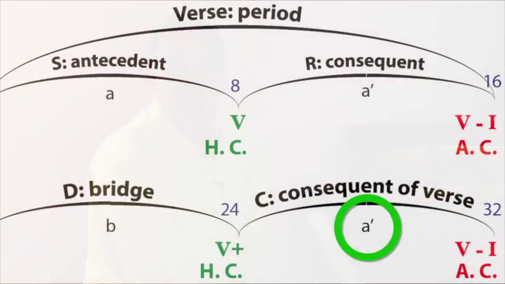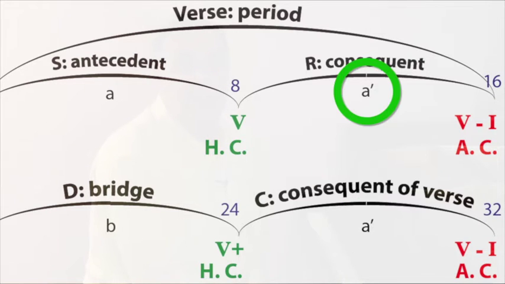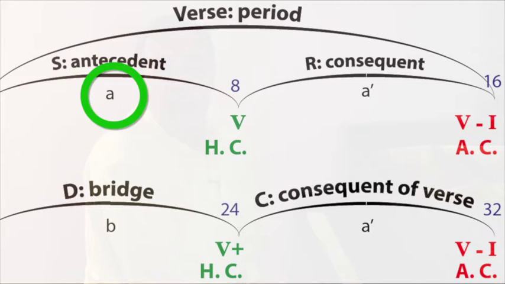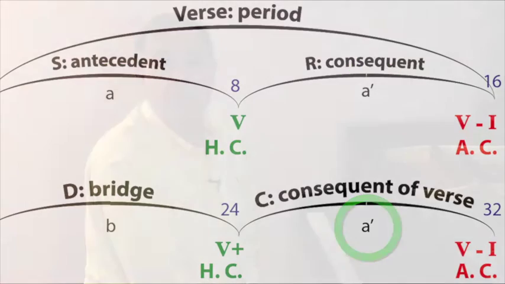The bridge of Till There Was You is followed by the fourth phrase, which is identical to the second A prime phrase. And so we go from the bridge to just half of the first verse, skipping the antecedent, proceeding directly to the consequent phrase for an 8-bar verse. Altogether, SRDC form with 8 bars in each phrase, constituting a period, a bridge, and a truncated verse, for an overall design symbol of A prime, B, A prime.